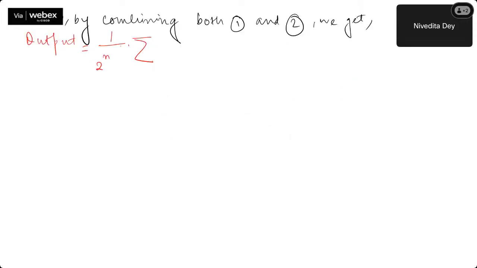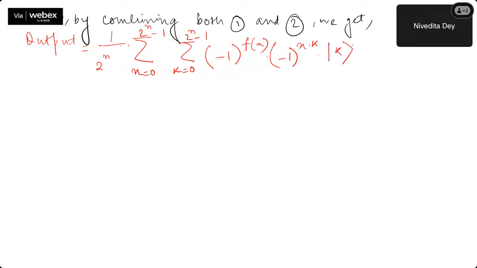So 1 by 2 to the power n times sigma x equals 0 to 2 to the power n minus 1, k equals 0 to 2 to the power n minus 1, then minus 1 to the power f of x into, so from one expression I got minus 1 to the power f of x, and from another expression I got minus 1 to the power x dot k times ket k, and in this entire thing the tensor product of the second term.